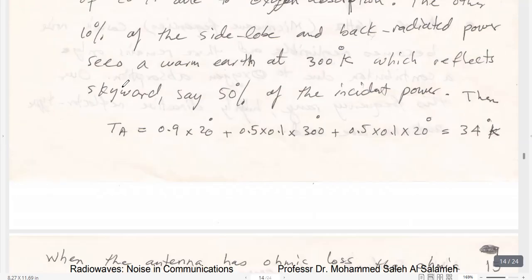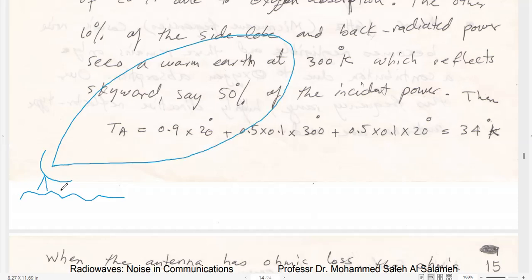Then let me draw to explain here. This is the antenna. The earth, it is radiating towards a satellite with the main lobe, back lobe and side lobes. Now here 90% of the power is radiating towards the sky, which has an equivalent temperature of 20 Kelvin.